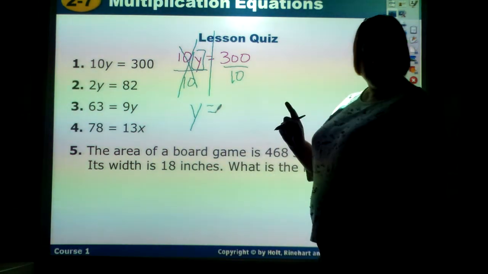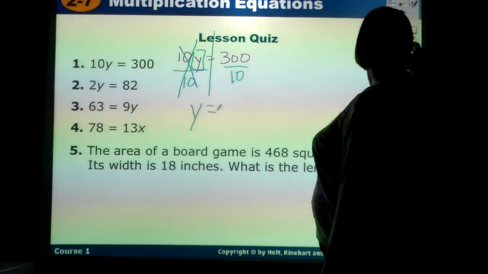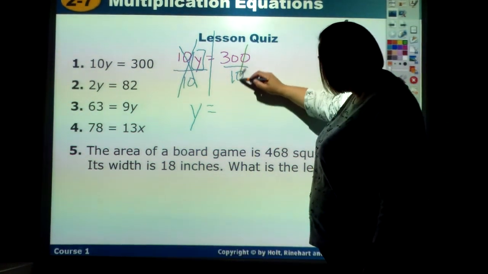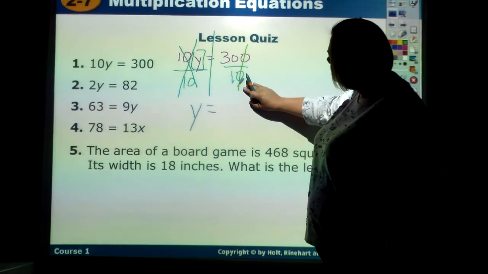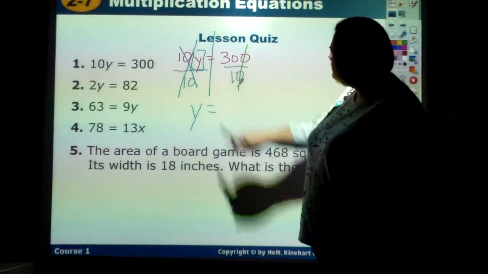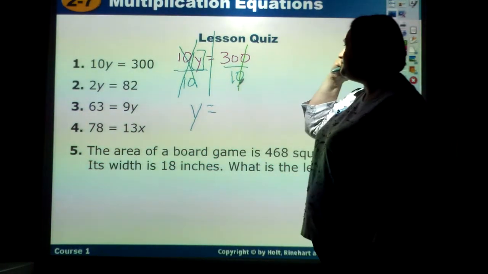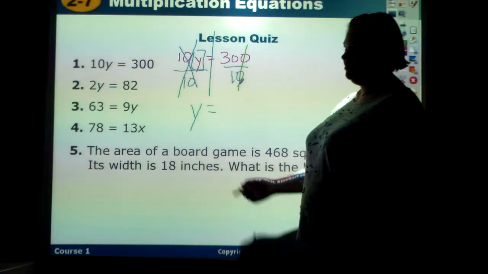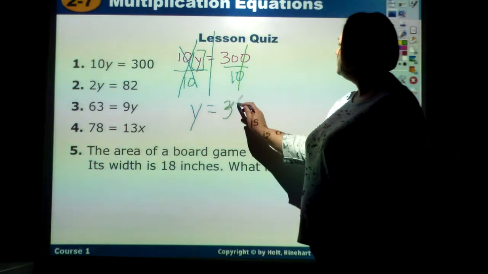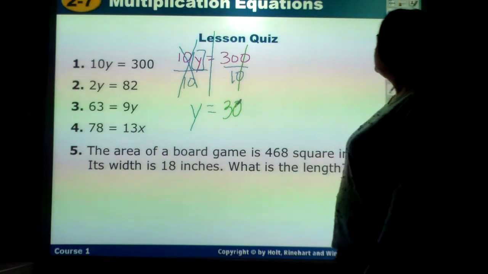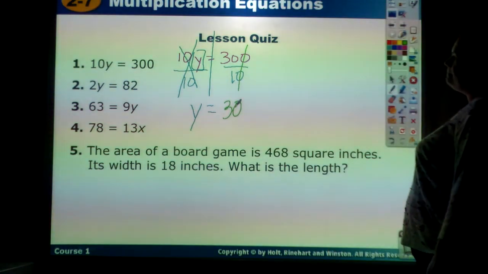You can use your zero trick. Remember that? The zero trick, take out a zero here. 1 goes into 30 how many times? 30 times. Okay.